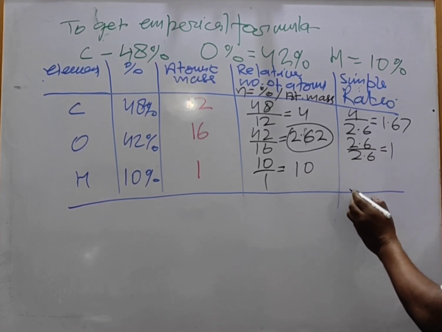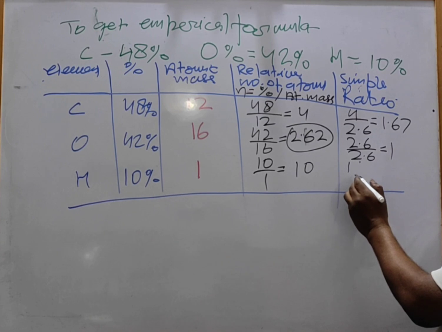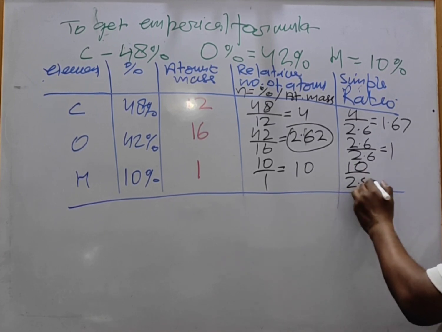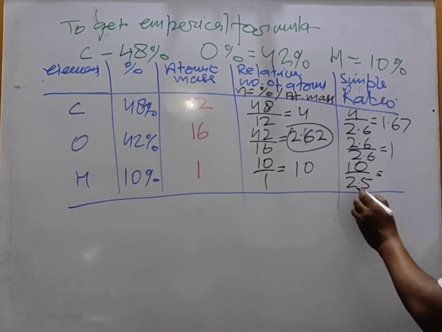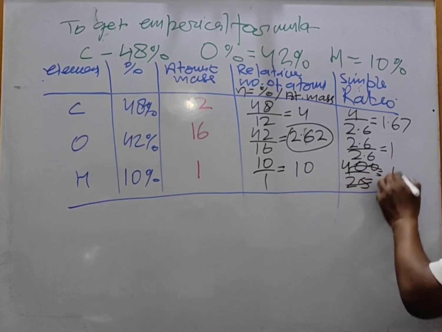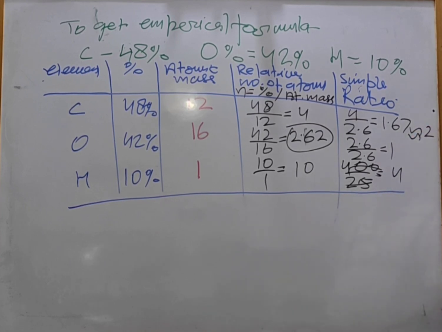And 10 divided by 2.6 is around 4. It can be written as 2 as such, right?